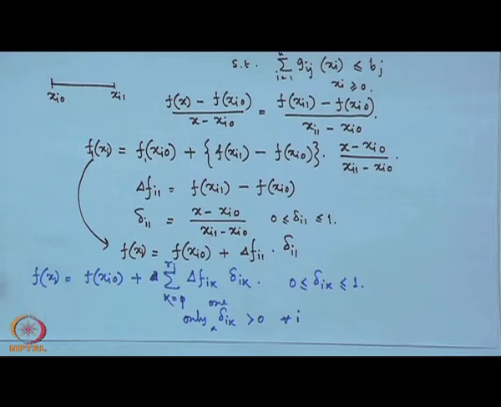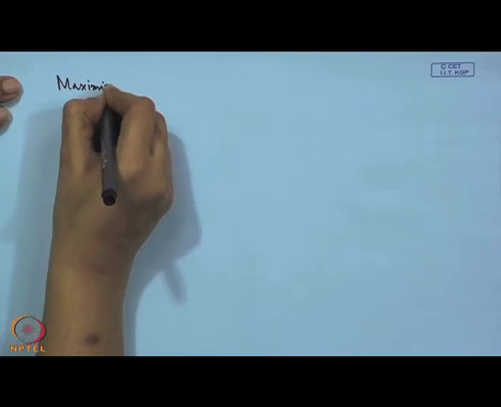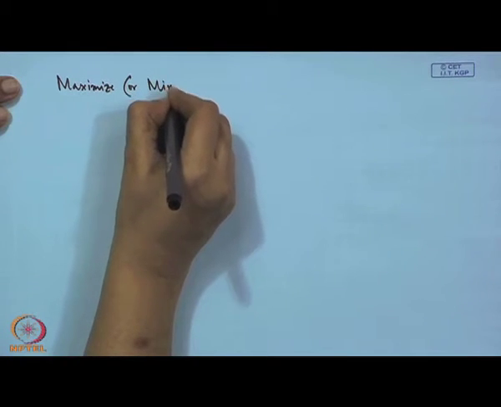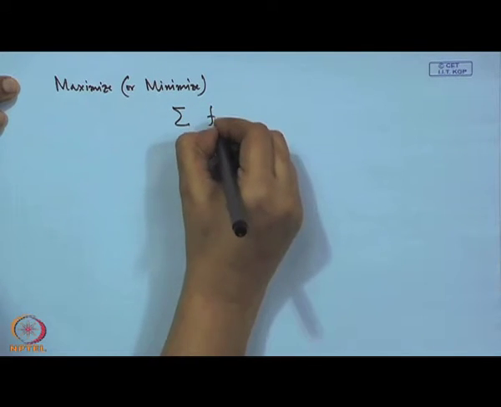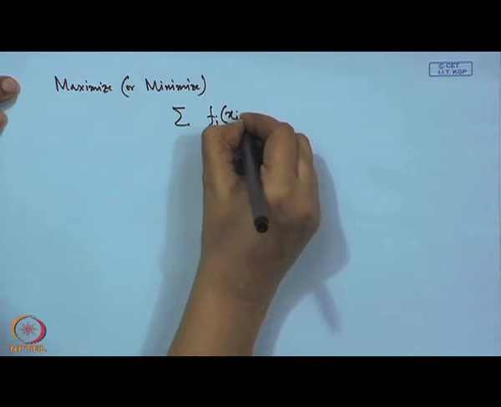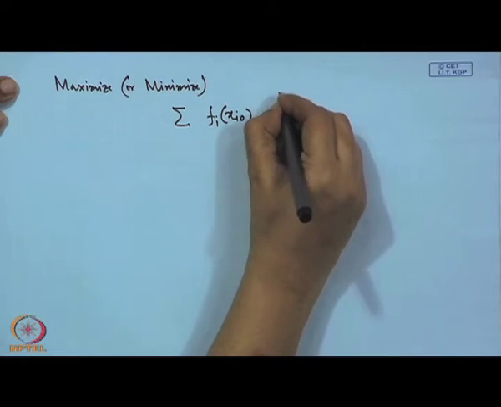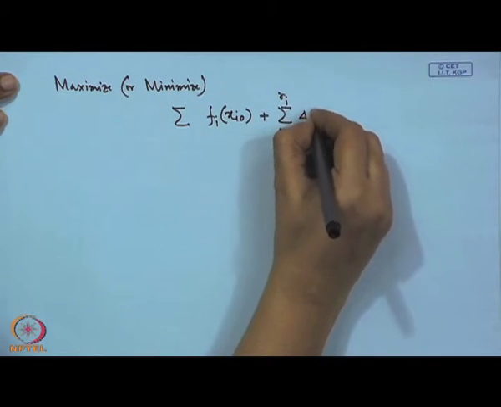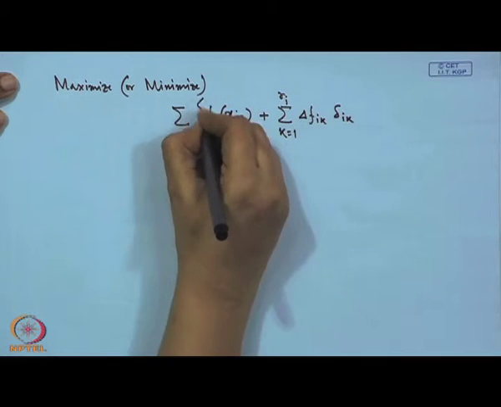All right. With this idea, let me express the separable programming problem once more. Thus, I can write down the separable programming problem in this way: maximize or minimize the summation of the individual functions, which can be written as f i of x i0 plus the summation over k is equal to 1 to r i of delta f ik.